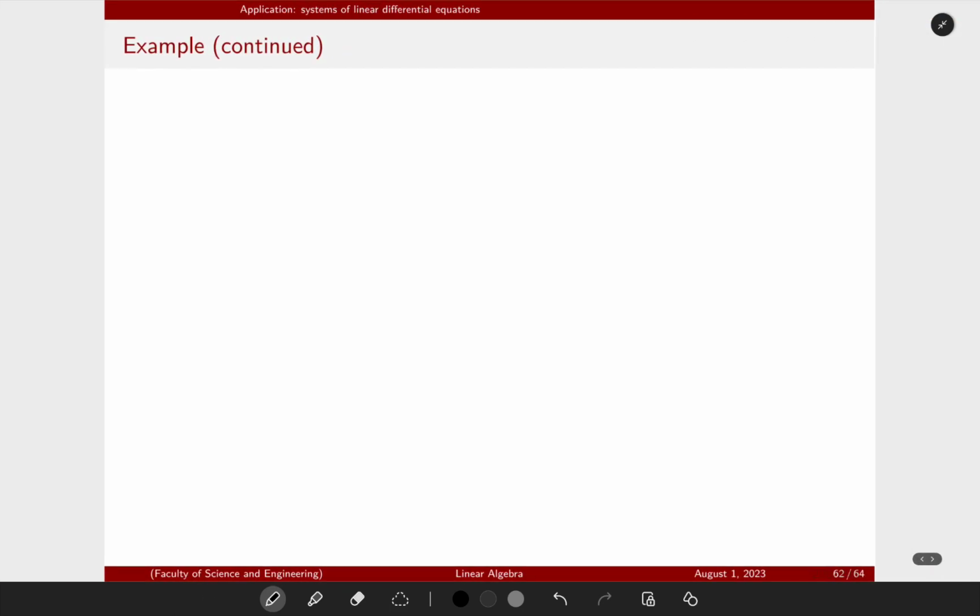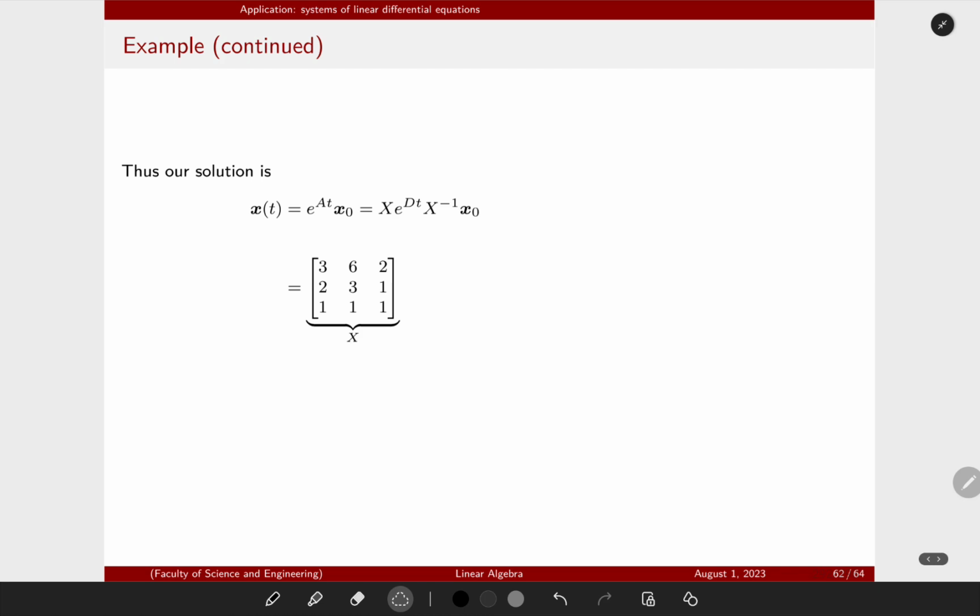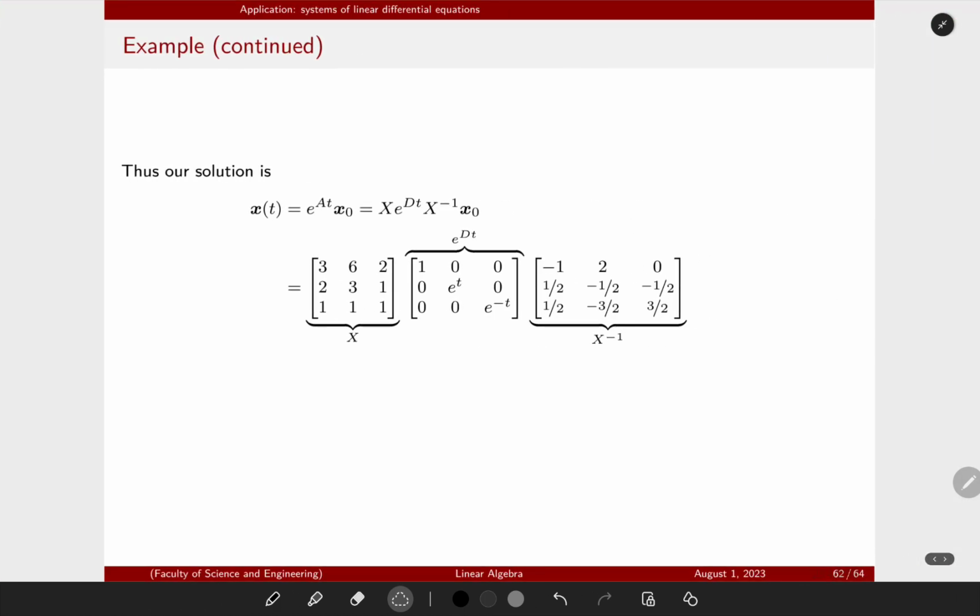So let's do that. Right, so we recall that our solution was this, the exponential of A times t and then our initial condition vector. So we saw that A was diagonalizable, so we decompose it in this way, multiply by x0, and now we just simply plug in what we found. So we found that this was X, this was e to the Dt, this was X inverse, and this is x0.